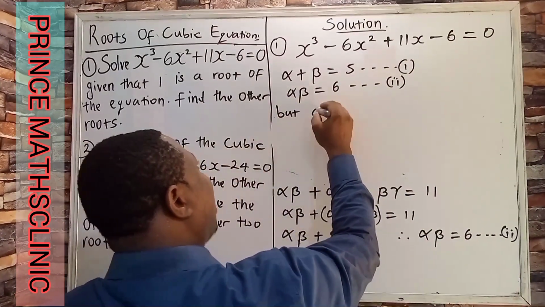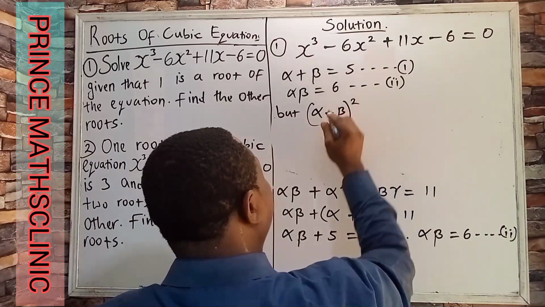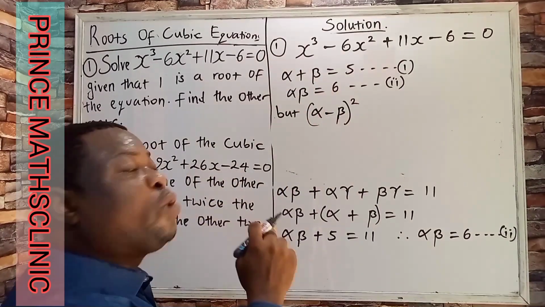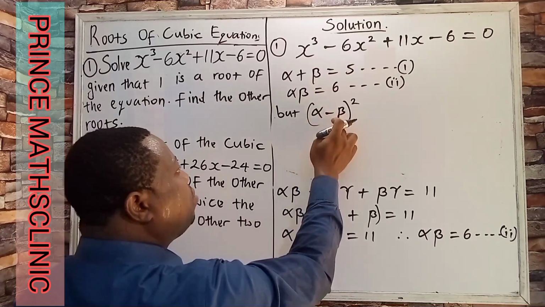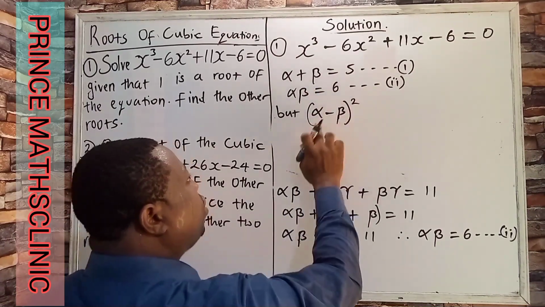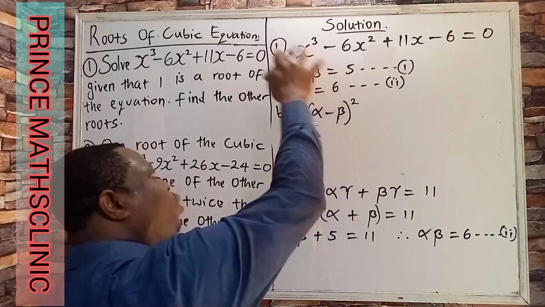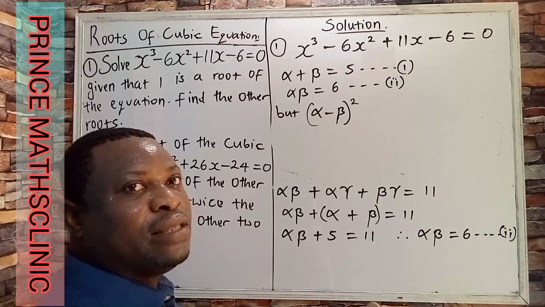But we also know alpha minus beta squared. Let me expand it. Why am I doing alpha minus beta squared? I have alpha plus beta, so I want to generate another equation such that when I take the square root of alpha minus beta squared, it gives alpha minus beta, so that I can easily solve that with equation 1 simultaneously and get the values of alpha and beta.